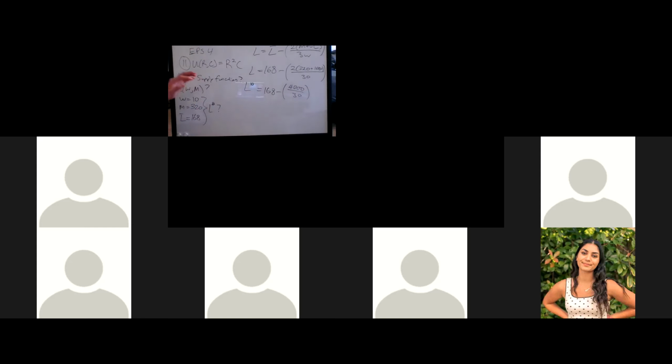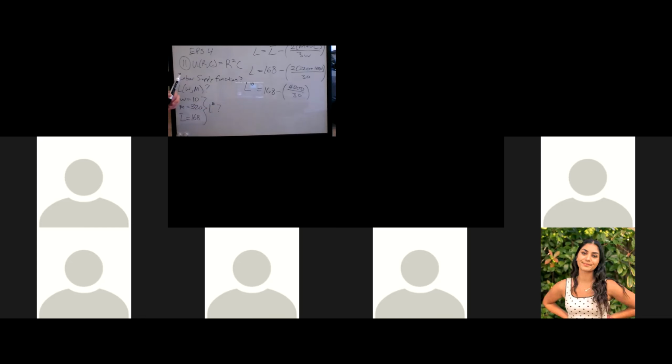Okay, so we've gotten through this question. I think that the only thing that is maybe difficult to recognize is substituting in L bar minus L, but once you're able to do that, the rest of the problem flows pretty easily.